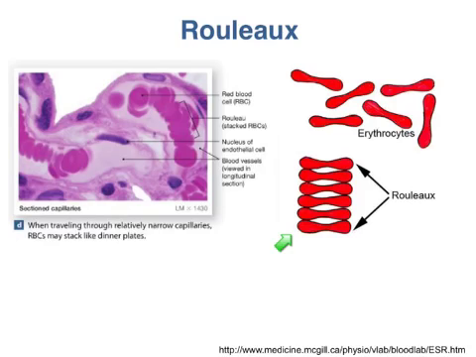If you've ever heard of a type of blood test called a sed rate, the sed rate is the sedimentation rate, the erythrocyte sedimentation rate. It's the distance that red blood cells in whole blood settle over an hour. So if you take a tube of whole blood, let it sit for an hour, the sed rate is how far the red blood cells sink.